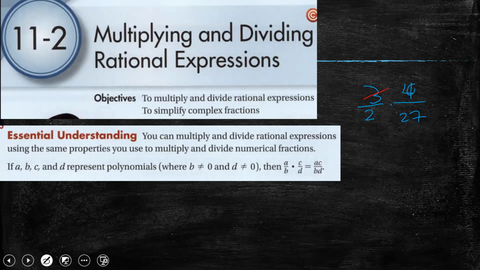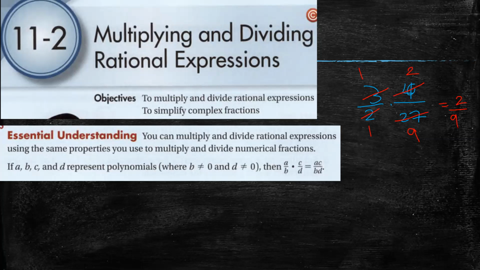You simplify by dividing by 3, which gives 1 and 9, and by 2, which gives 1 and 2. So you'll find that the simplified answer is 2 over 9. This is how to multiply numerical fractions.